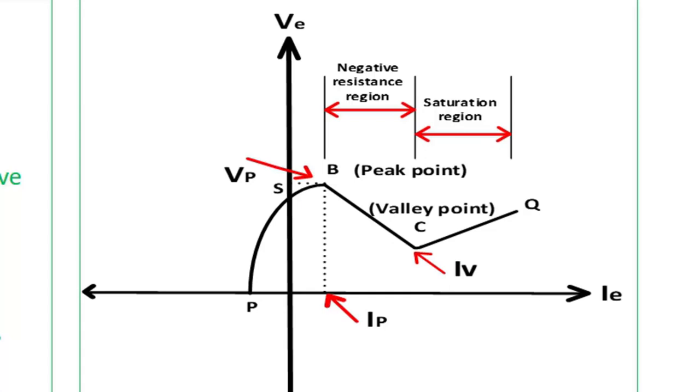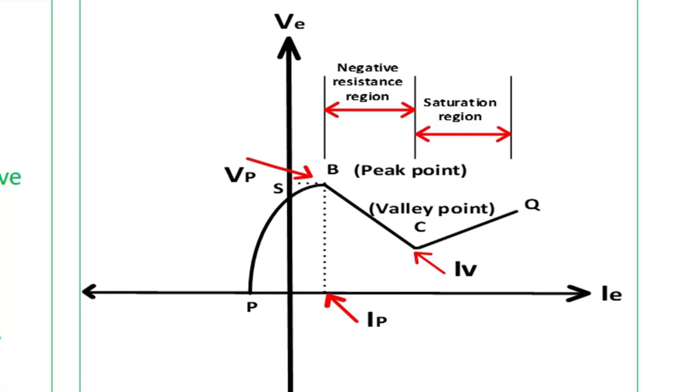Further, if emitter voltage is increased, then emitter current will increase. From S to B, we can say our diode is going to be forward bias. After B, if voltage is further increased, then the diode is completely forward bias and the transistor is on.